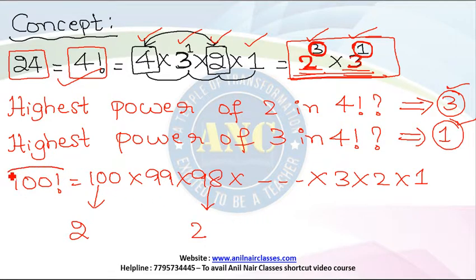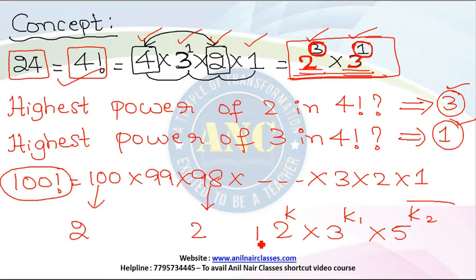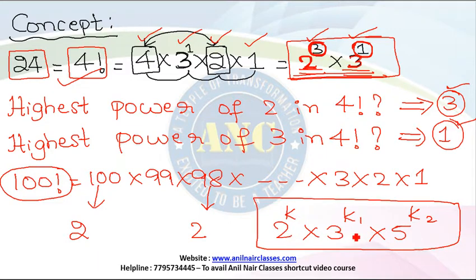That means 100 factorial can be written as 2 power something into 3 power something else into 5 power something else. I cannot keep decoding the prime bases powers in each and every number in my examination hall.